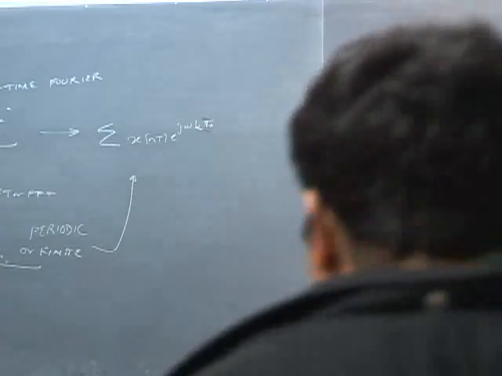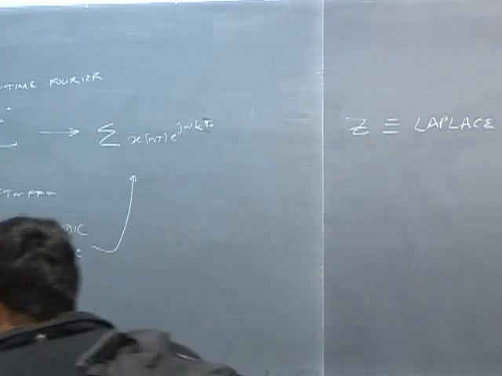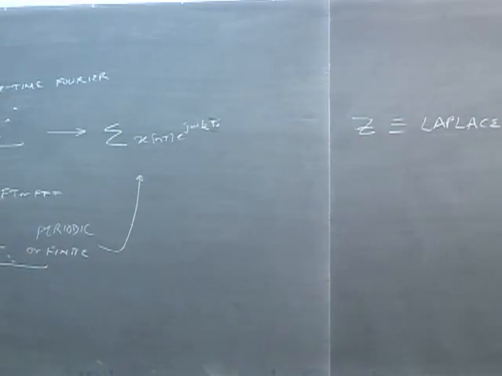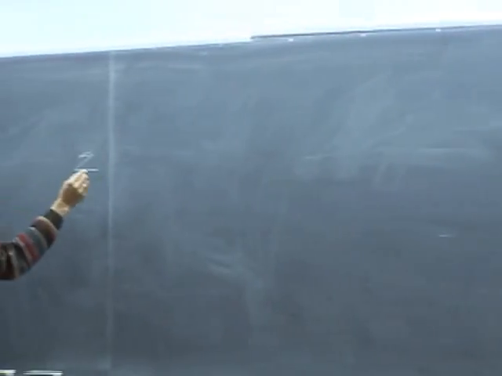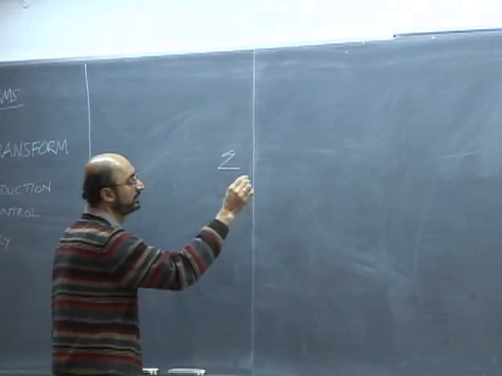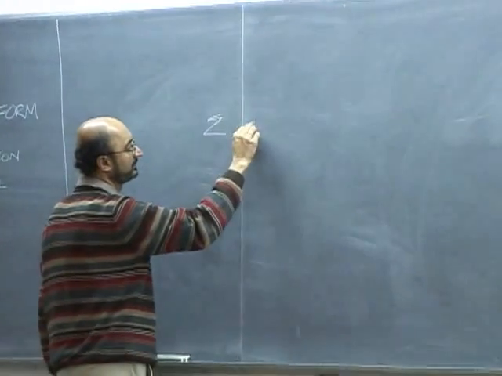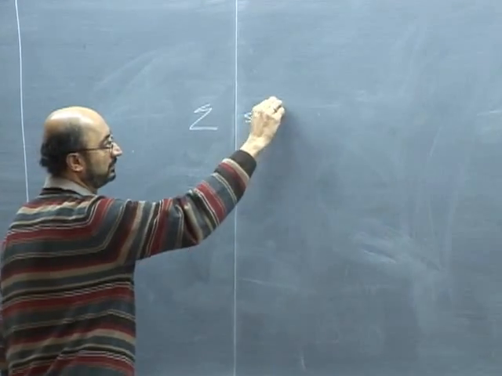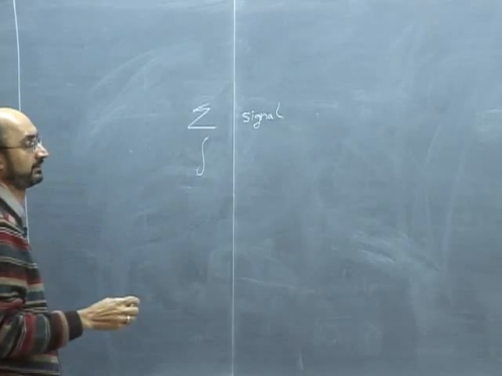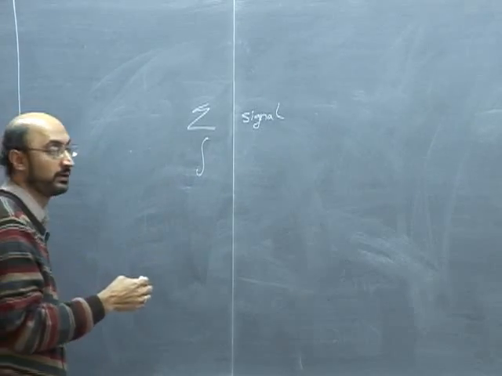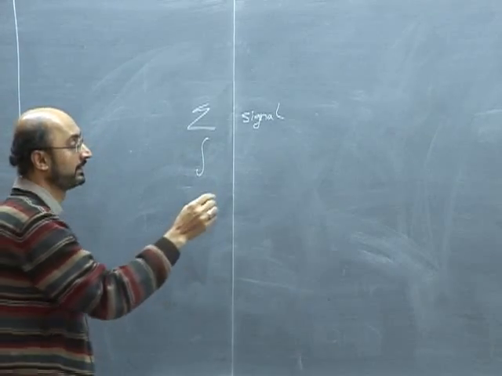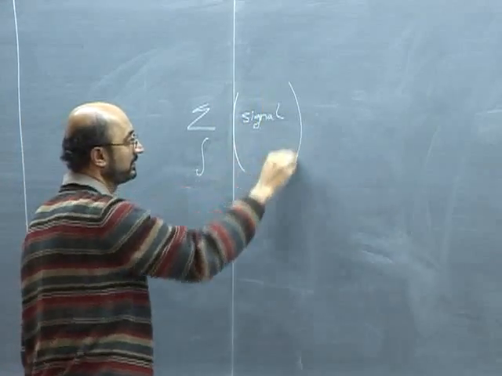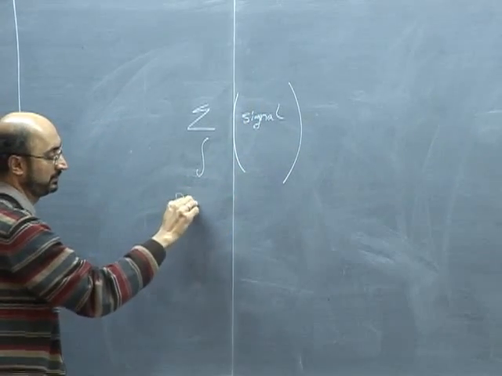Let me start with the general form of a transform. Basically, we have some signal, and we have a sigma or an integral, depending on whether it's discrete or continuous.